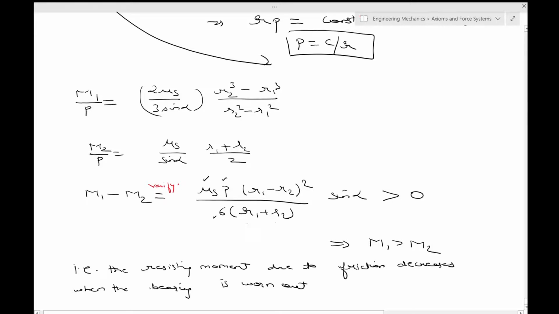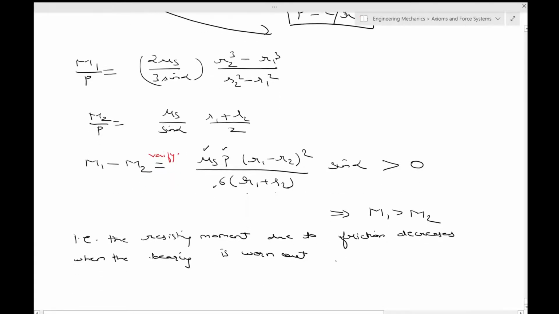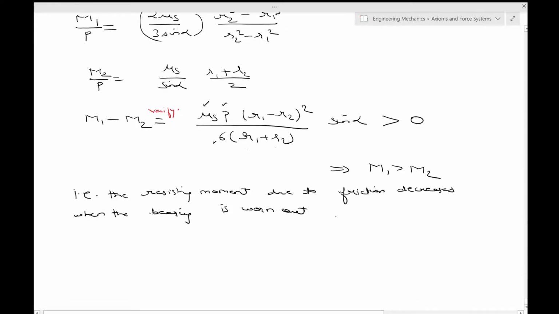So the resisting moment due to friction decreases when the bearing is worn out, and hence every time you service your bicycle, if the bearings are worn out, they replace it, because the resisting moment, or its ability to transmit power, reduces. So you should keep this in mind and find out physical examples.